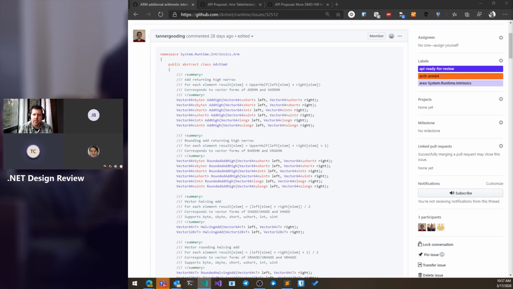Sorry, are you referring to the input parameters or the output? The input. Okay. So it's going to do the operation on the lower part of the 128-bit vector. Which is why you have the upper component, because you can only do half the vector, and then you need the other part to fill in the remaining half.